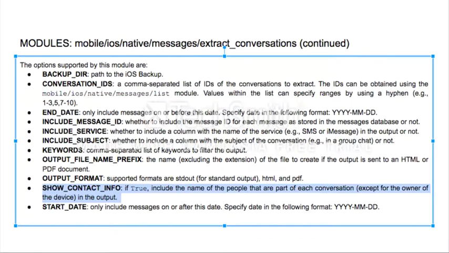And another cool thing about this module is that it can also handle attachments, which are not necessarily easy to see when you just dump the contents of the database, because references are stored in different places, and you need to figure out the specific file name of the attachment. By attachment I mean, if you send an image in a message, it would be stored as an attachment on the device, and then you need to find that file and figure out what that file name is.